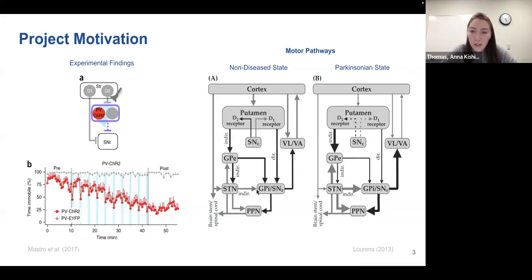We see they're also indirectly connected through other loops that close back to SNR. And on the right here, we see a depiction of what is commonly different in the Parkinsonian state. Some of the connections are strengthened, some of them are weakened. So this is the diseased, slightly dysfunctional state.